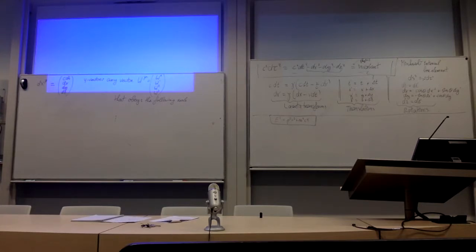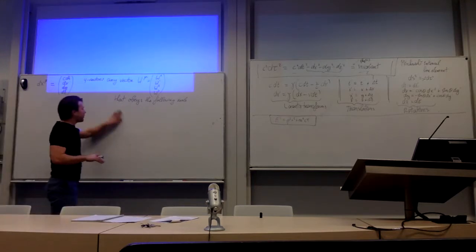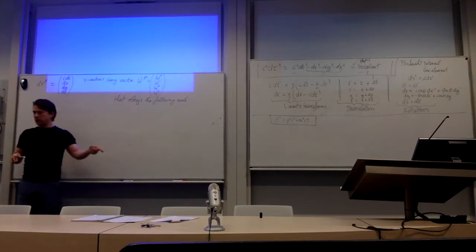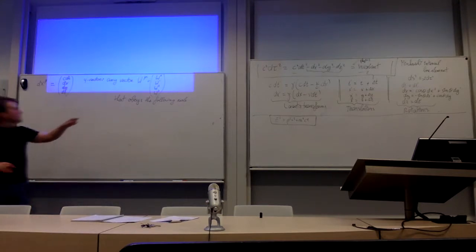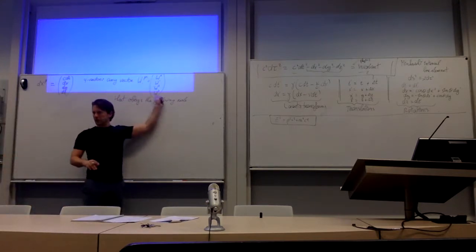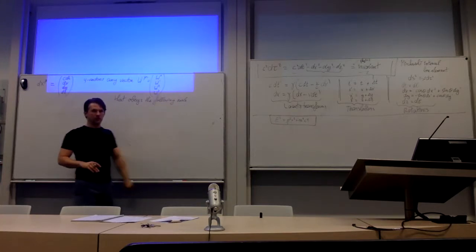The amount of time that one guy measures is not the amount of time that the other guy measures. The amount of space that one guy measures is not the amount of space that the other guy measures. Now, if I go from one observer to the other observer, that means that these 4 components of one observer are going to be different numbers than the components of the other guy. Alright?